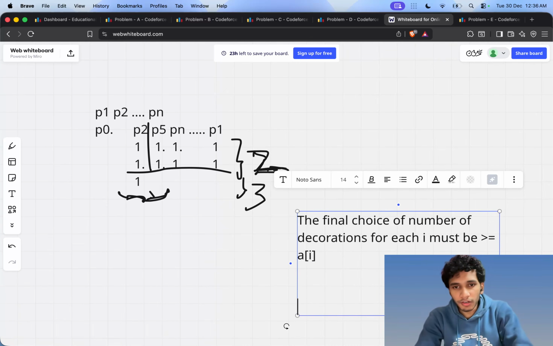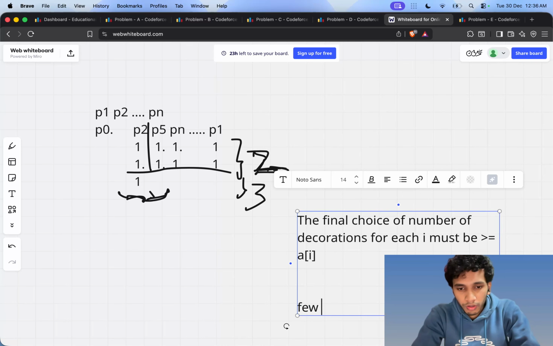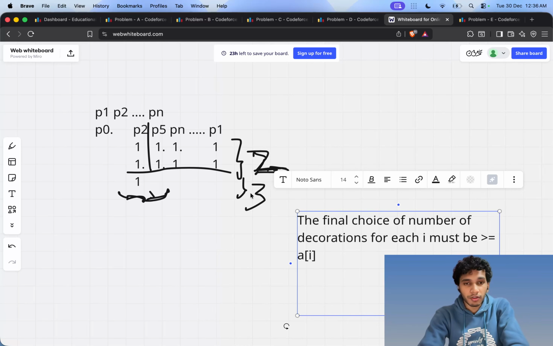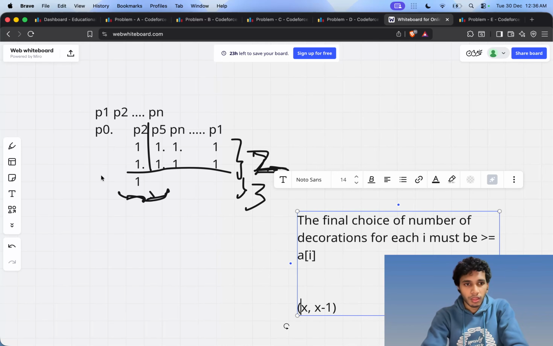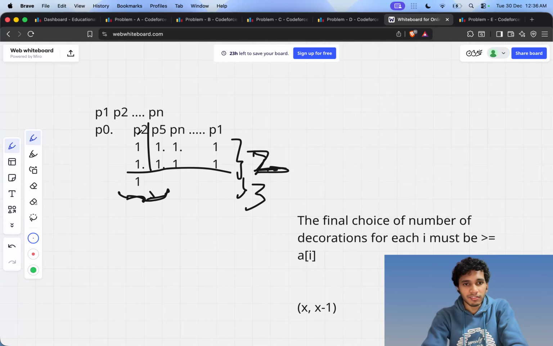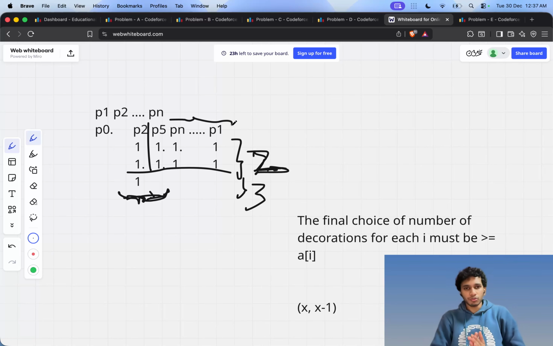And the second observation: the possible number of decorations for every particular person will be x, x minus 1. What does this mean? It means that if the starting person chooses three decorations, then the ending persons will have to choose exactly two decorations.